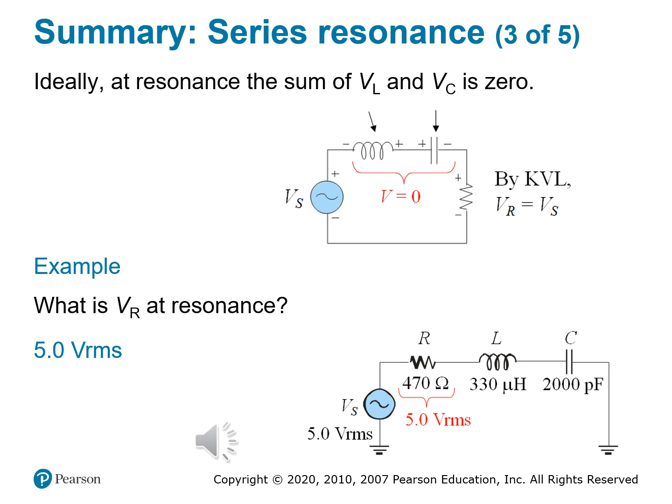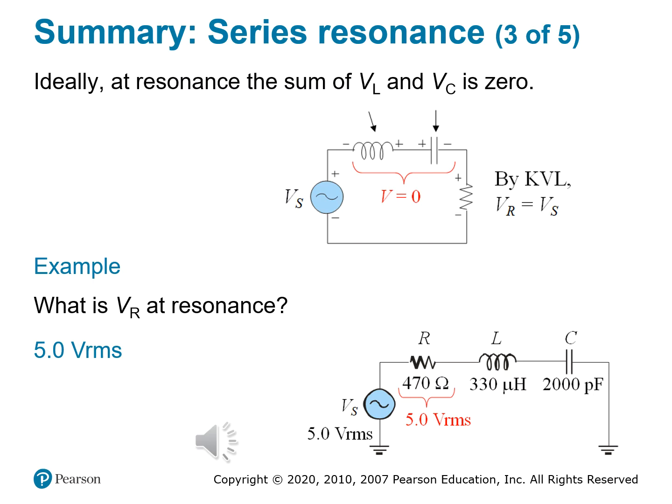Now, what does that leave us with? Well, it just leaves us with the resistor. And if the resistor is the only game in town, that means the entire source voltage must drop across that component. That's KVL, Kirchhoff's voltage law in action. So let's look at the example here. The source voltage is given to us at 5.0 volts RMS. And remember that V sub L plus V sub C is equal to 0 in this condition. So the full 5 volts drops across the resistor.